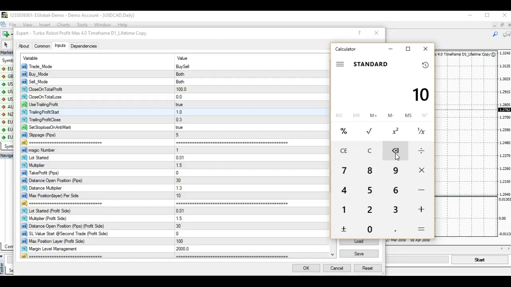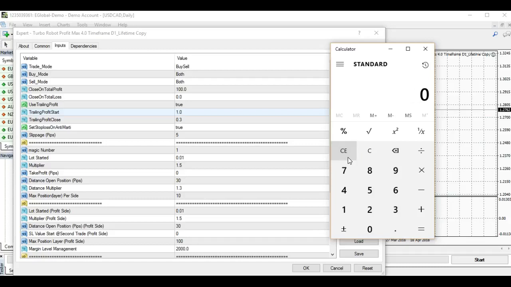But let's say your broker offers 0.01 lot as equivalent to 0.01 also. It's not 10 cents. Some brokers are 10 cents. Some brokers, every pip is whatever lot size you put in.